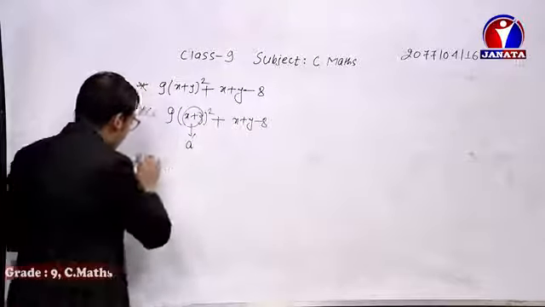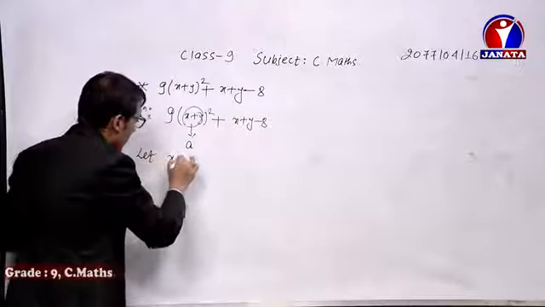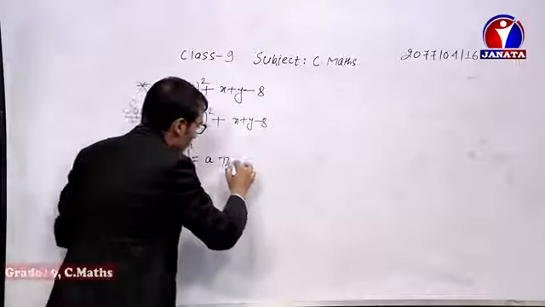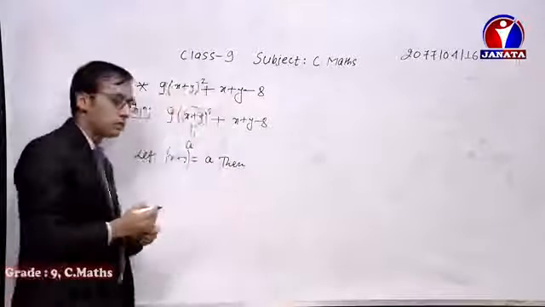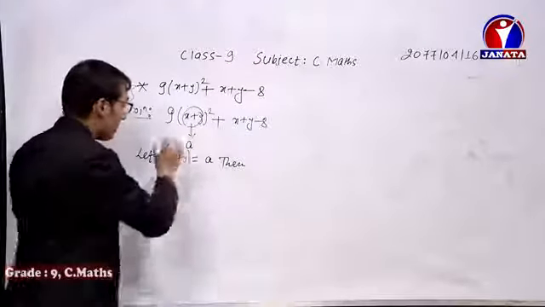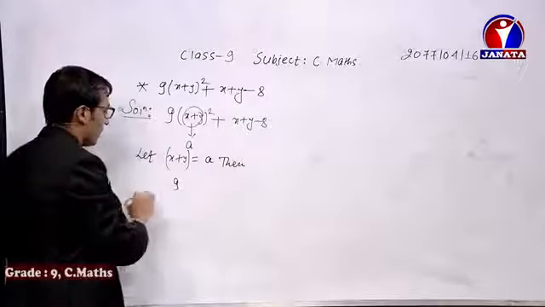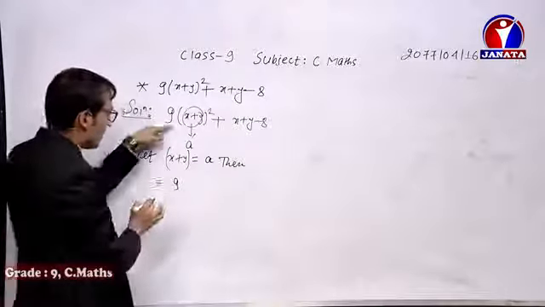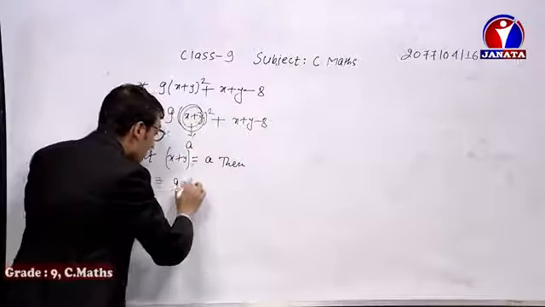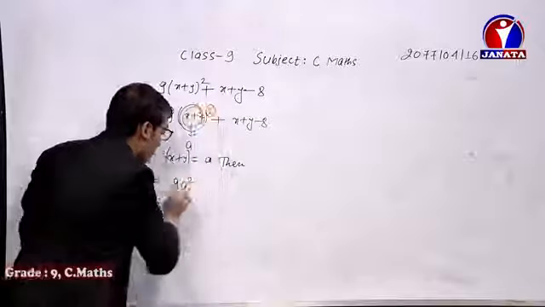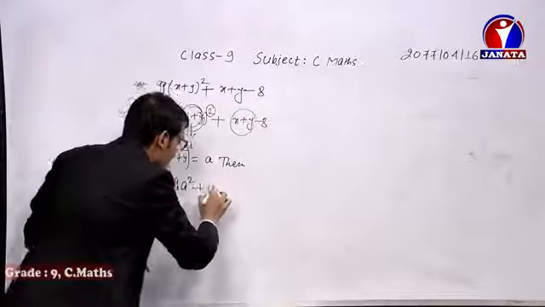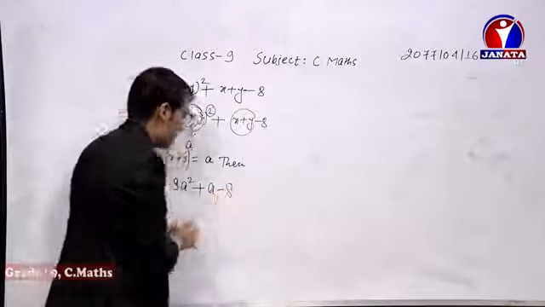If we suppose x plus y is a, then what will be the new expression in terms of a? Obviously 9 as it is. What is x plus y? I am supposing a, the power of x plus y is 2, so 9a square, plus what is x plus y? A, minus 8.